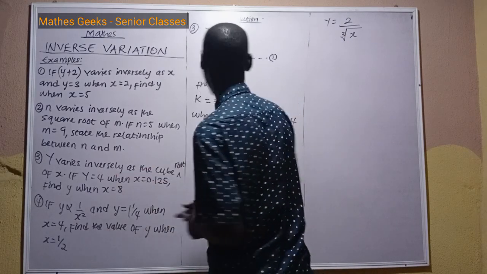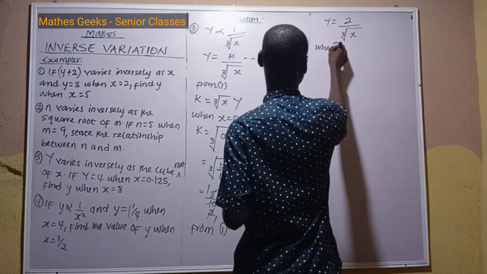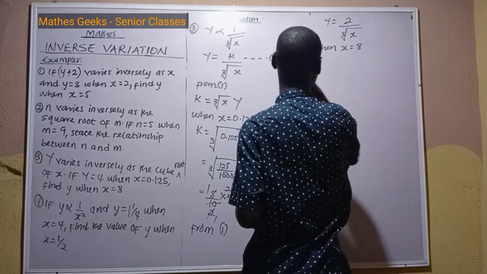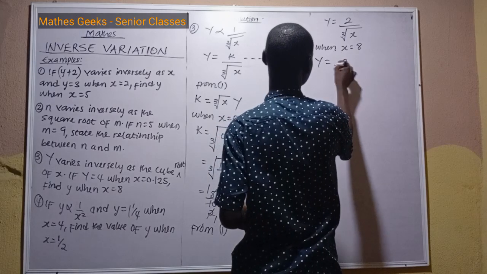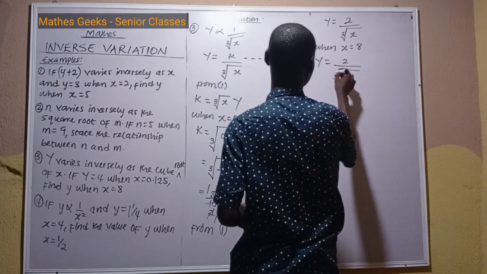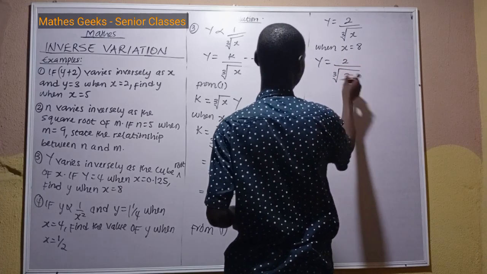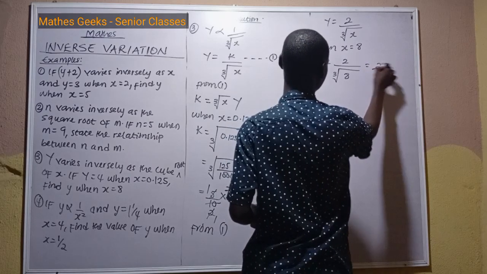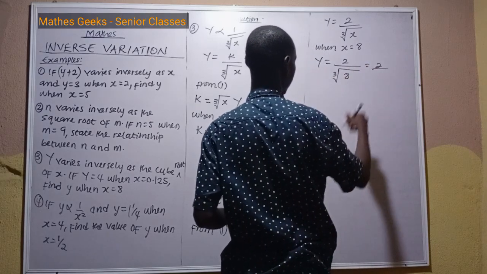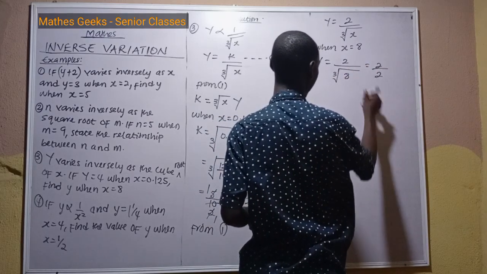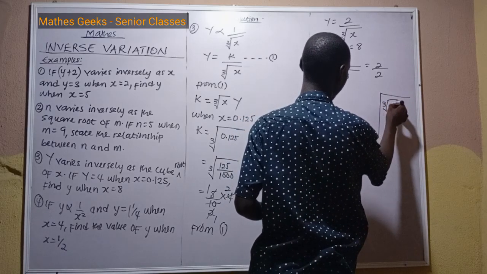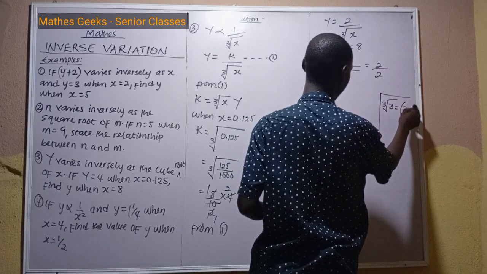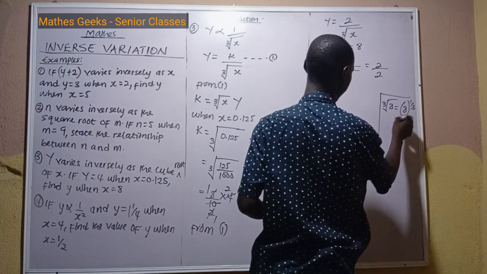Then when x equals 8, y is equal to 2 over the third root of 8. Third root of 8 is equal to 2. Now the third root of 8 is equal to 8 raised to 1 over 3.